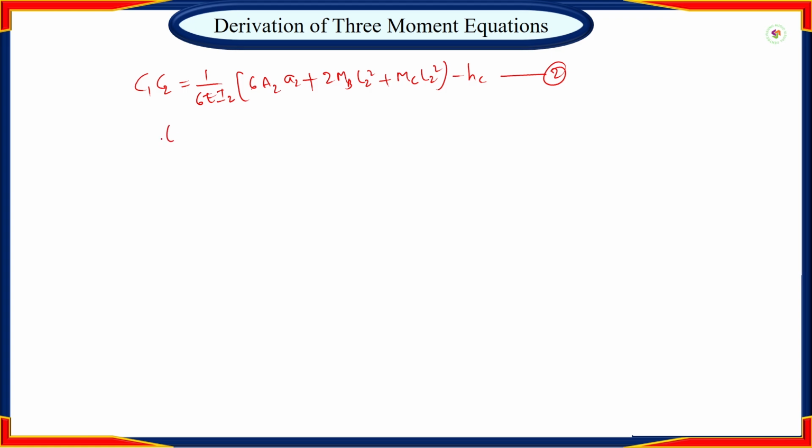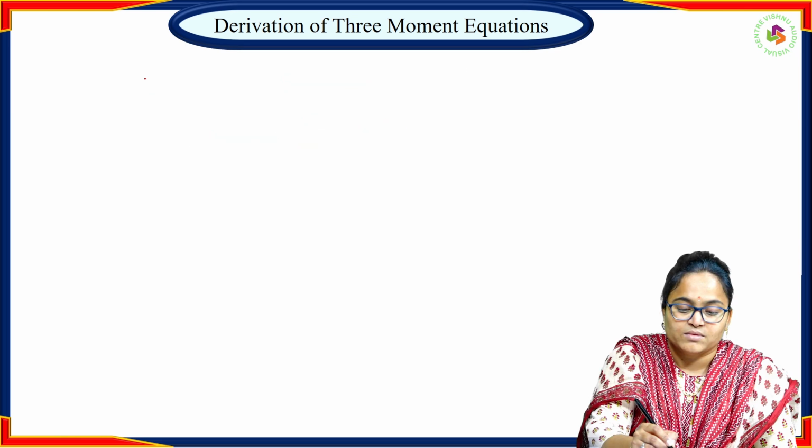Now already we know that tan theta is equal to A1 A2 by L1 from the diagram. So this is C1 C2 by L2. Now let us assume this is equation number 3.